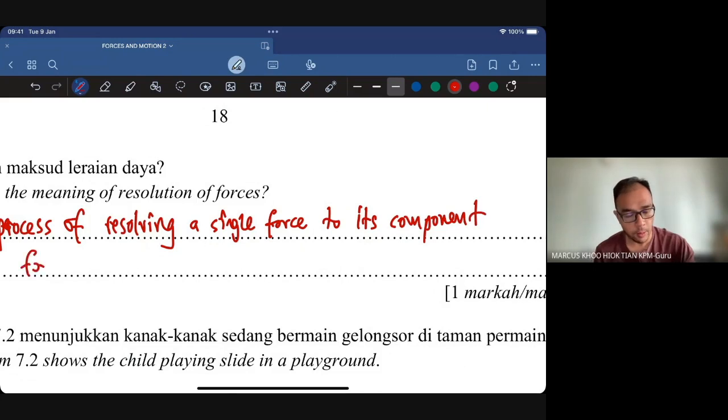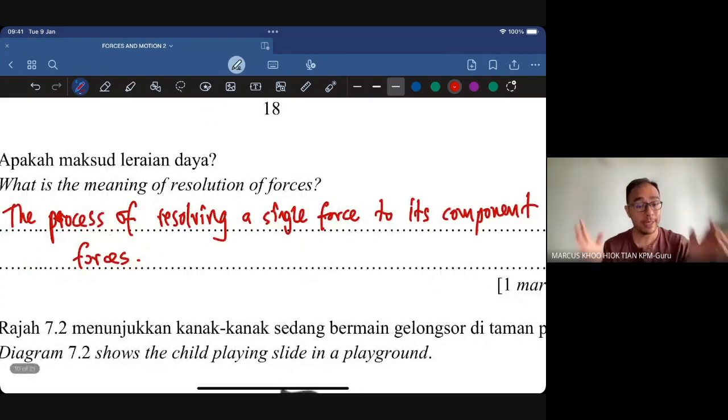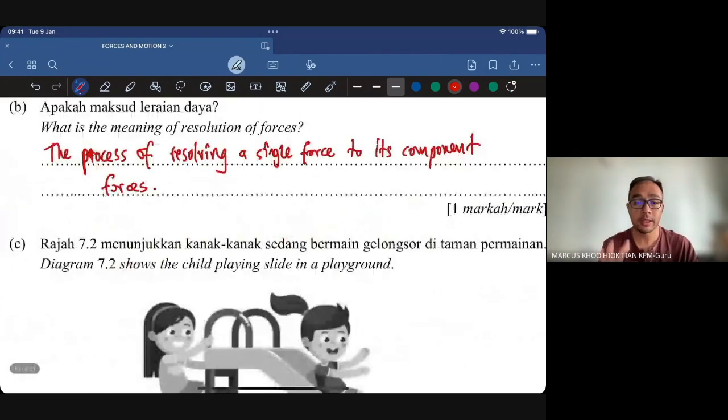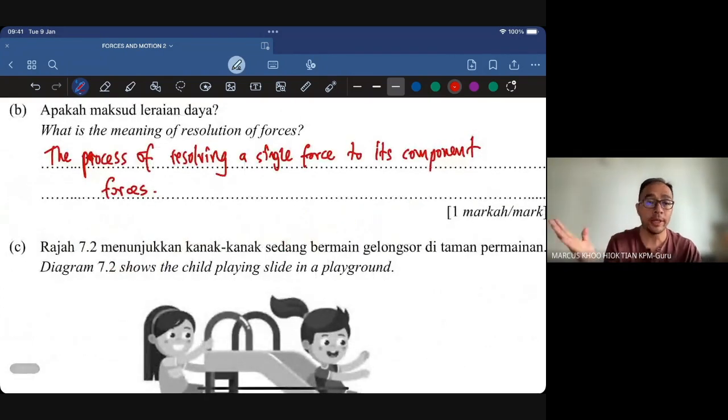It is not combining, it is splitting. Because from one force, you can split it to become at least two at different levels, maybe 3 or 4 or more. The process of resolving a single force into its component forces.